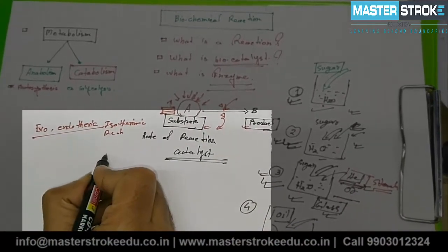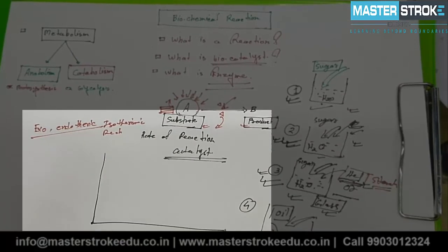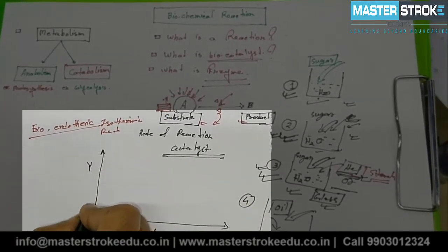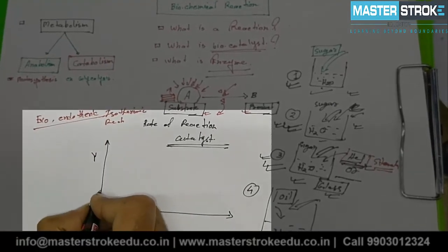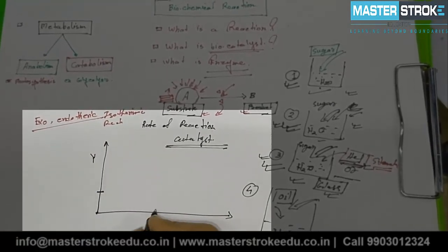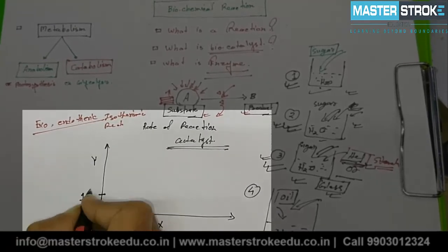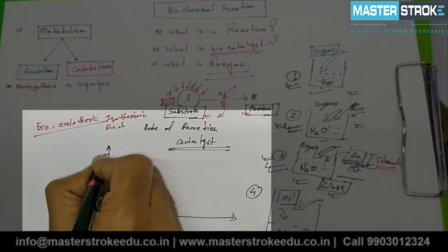We are taking a graph here. This is the x-axis, this is the y-axis. Y-axis is for the energy. Think about it. This is the 1, 2.